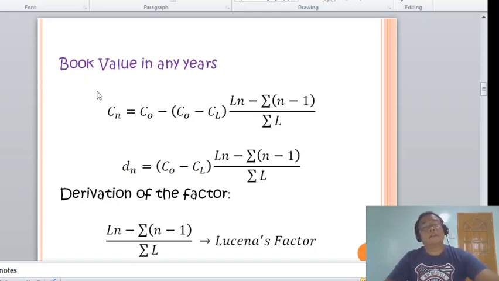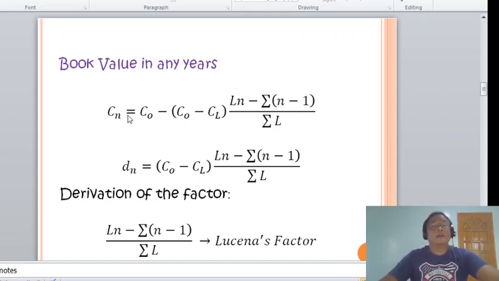CN, or the book value at the end of n years, is equals to CO minus CO minus CL multiplied by L times N minus summation of N minus 1 over summation of L. Anyway, class, this formula looks difficult if you just look at the formula. But if you try to compute, this is the easiest way of solving the book value.